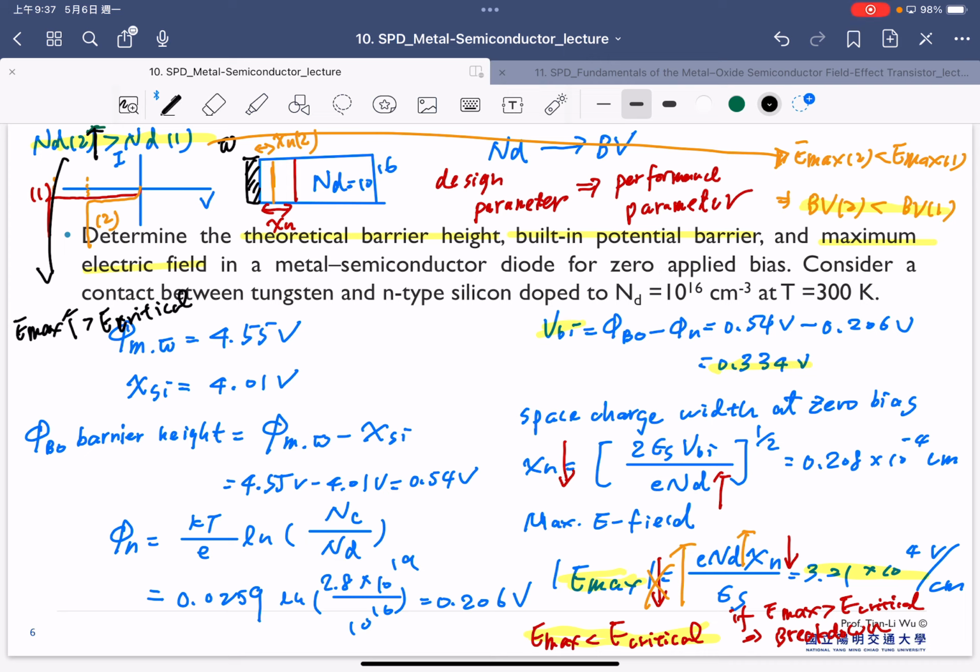So that means with a smaller voltage, the E max is already larger than the E critical, and we have the early breakdown. That's the reason why the higher concentration always has a lower breakdown voltage. This is because the electric field is higher than our critical electric field.